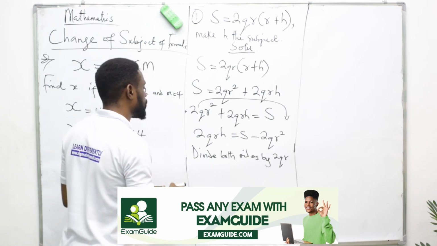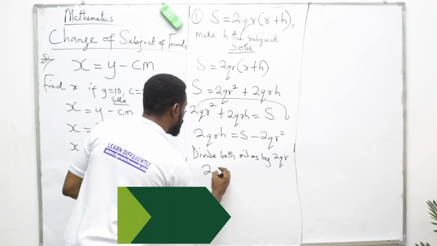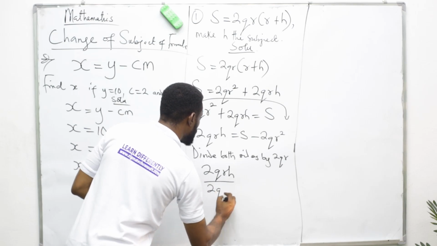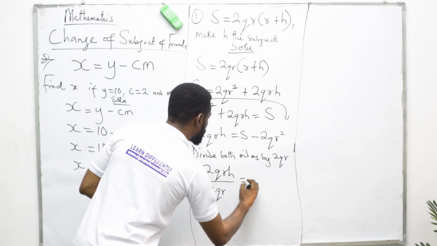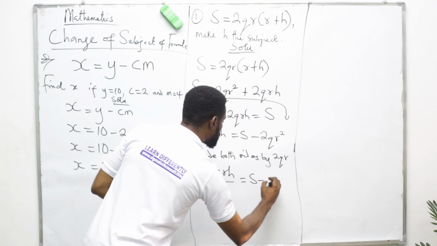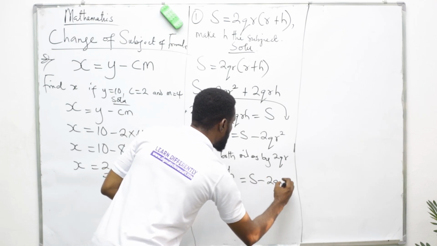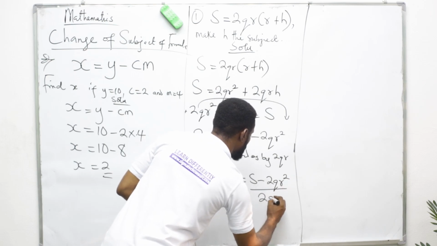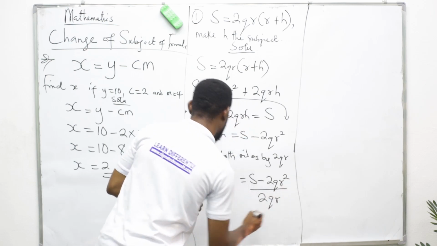Okay? All right. So here, if we have 2QRH over 2QR is equal to S minus 2QR squared divided by 2QR. Okay?